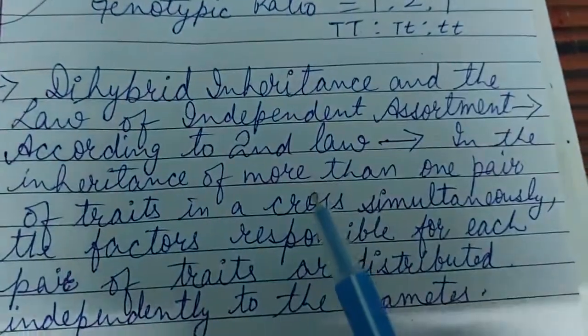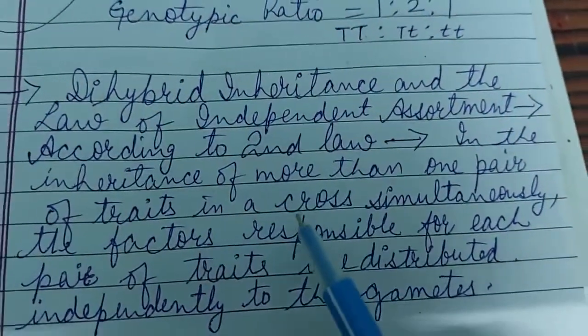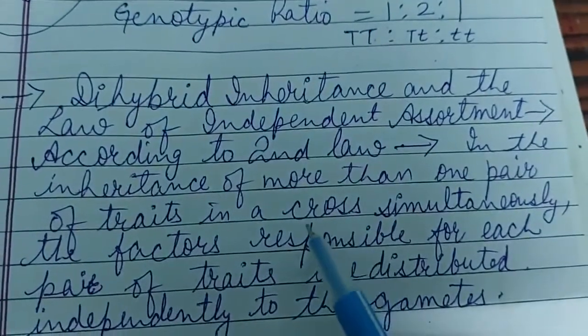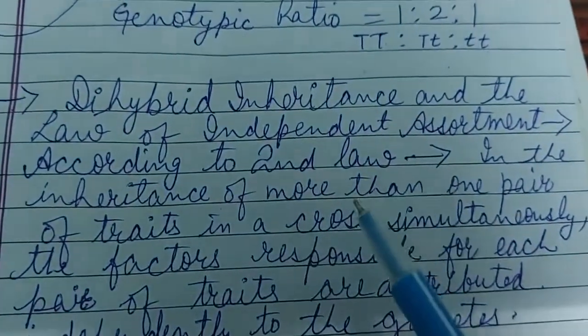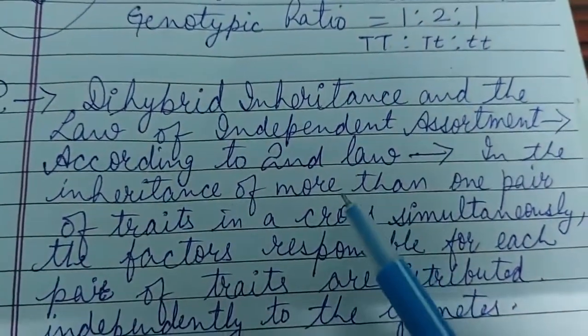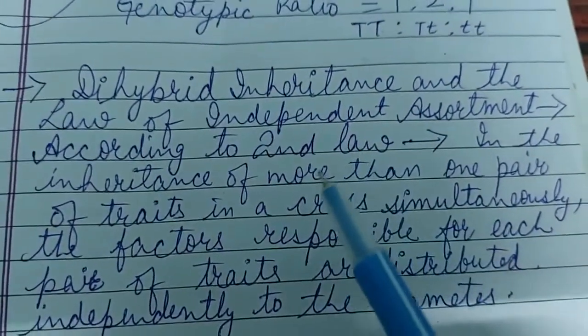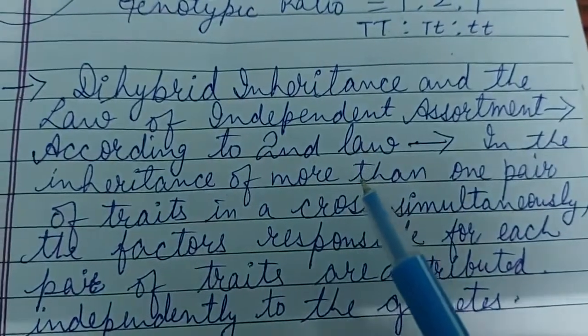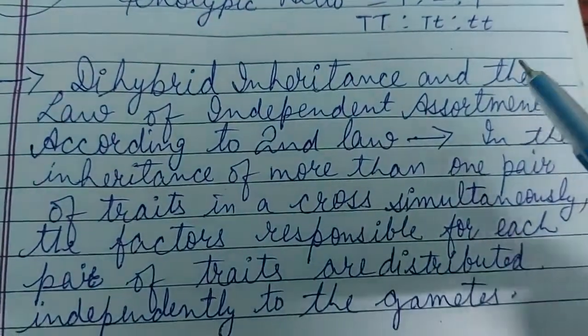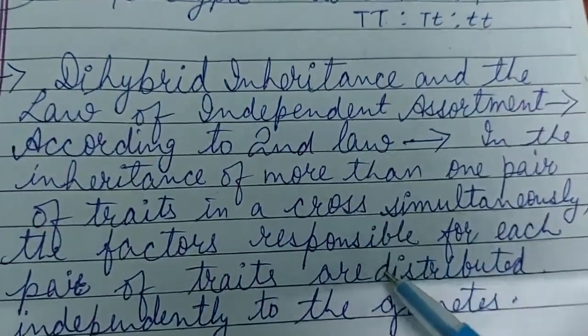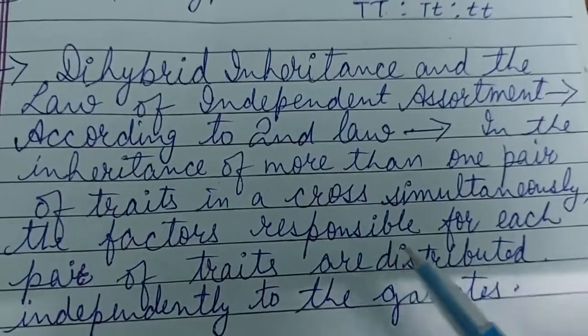So it says that when there is gamete formation of many pairs of genes, every gene has its own character and they will not participate or interfere in the functioning of another gene. Okay, got it?